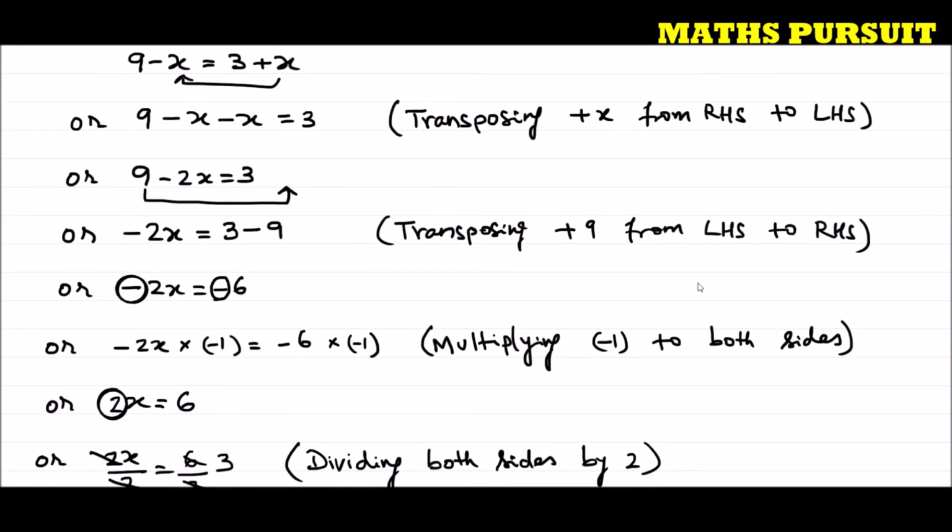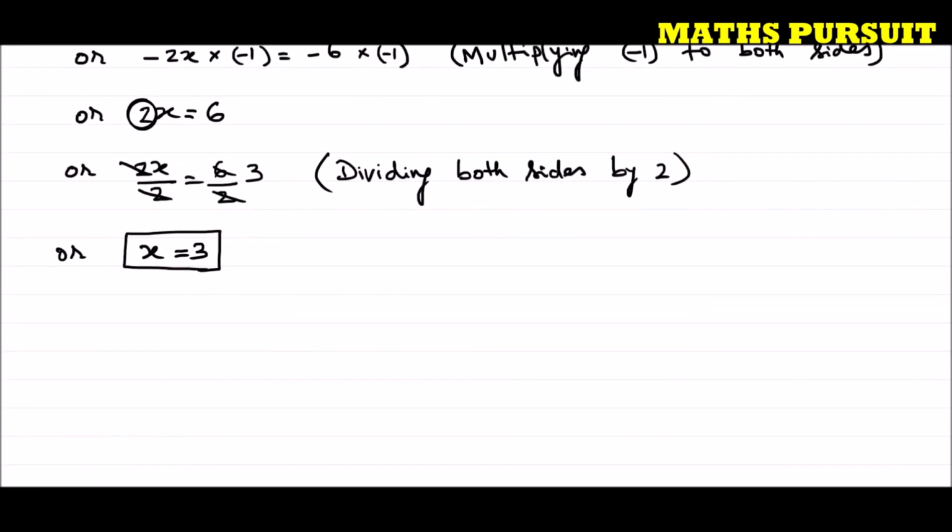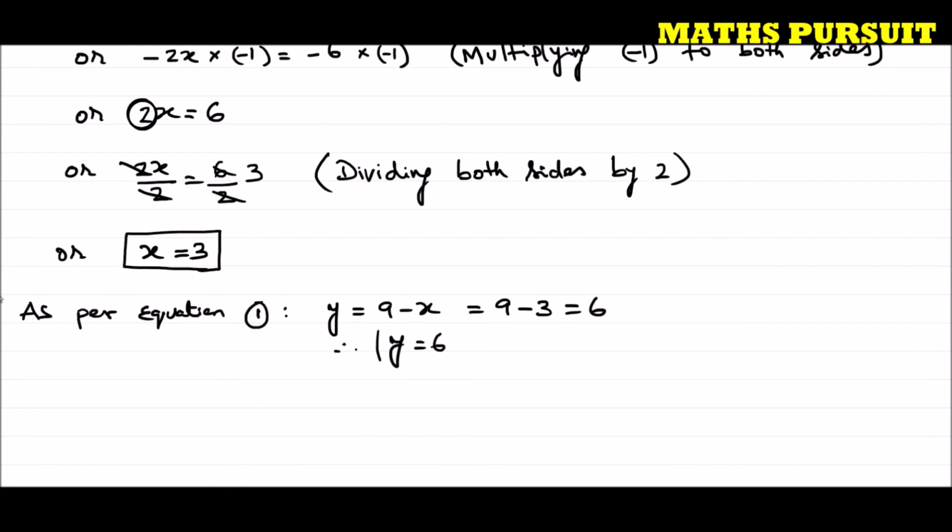In equation 1, we got y is equal to 9 minus x, that is equal to 9 minus 3, that is equal to 6. Therefore, the value of y is equal to 6.